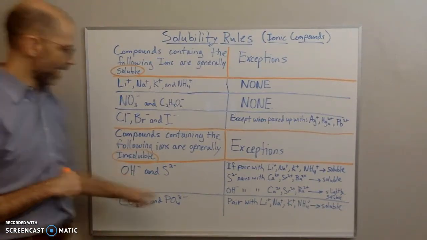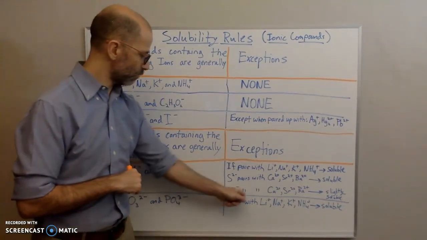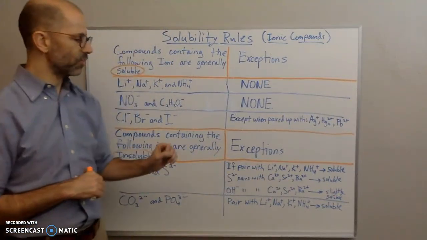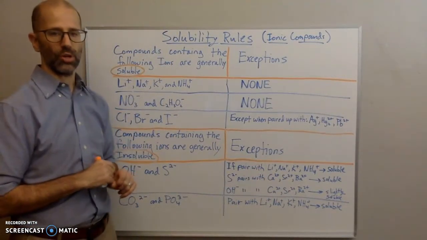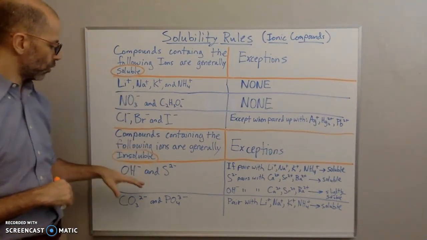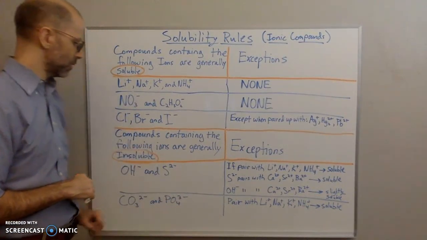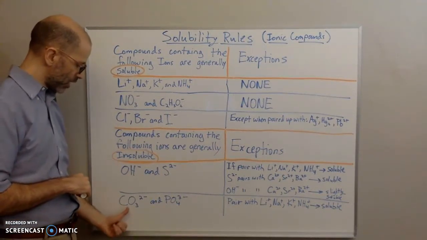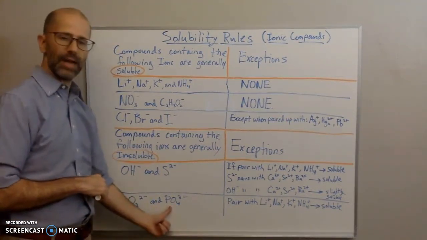For hydroxide, same thing. Hydroxide, if it's paired up with calcium, strontium, and barium, it's going to be slightly soluble. So not insoluble, but slightly soluble. Okay, and those are the exceptions. And then finally you have carbonate and phosphate.